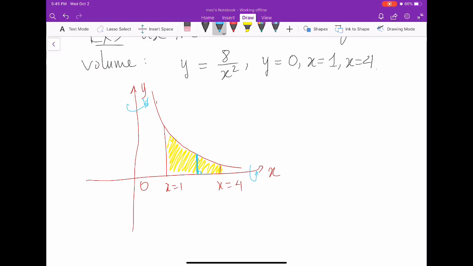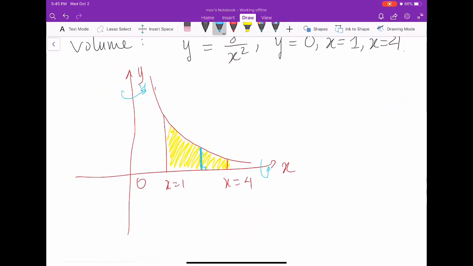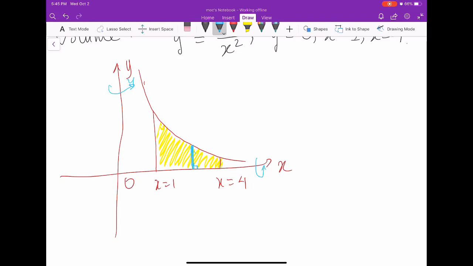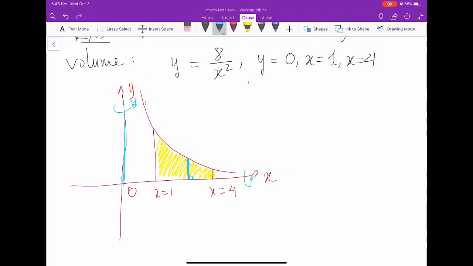But for the shell method, your cut, this guy, is parallel to the axis of rotation. So this is parallel to the y-axis. That's why, if we revolve about the y-axis, I write here about the y-axis. So we use the shell method.